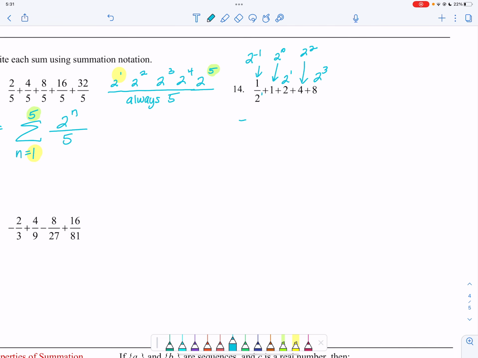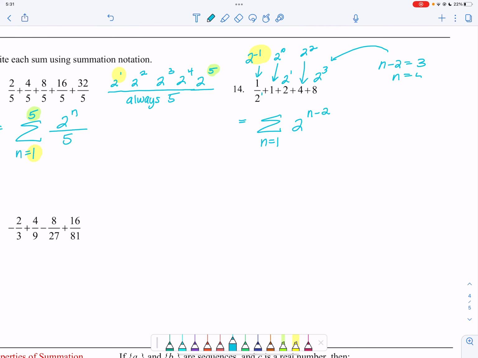So let's see what we can do. We're going to have the sum, and we're going to start with n equal to 1. We have to. So how can we get this negative 1 here from a 1? What we would have to do is say 2n minus 2, and that would give us a negative 1. So here we need n minus 2 to equal a 3 right here.